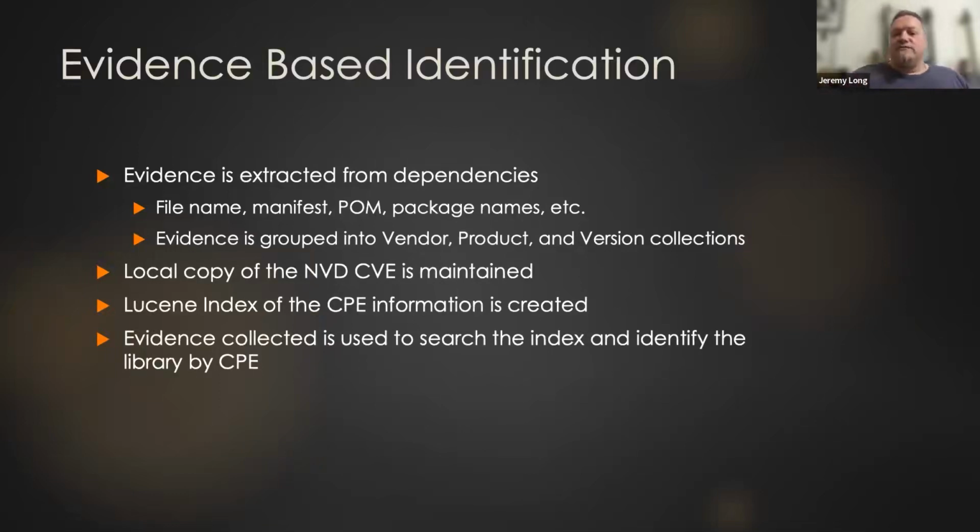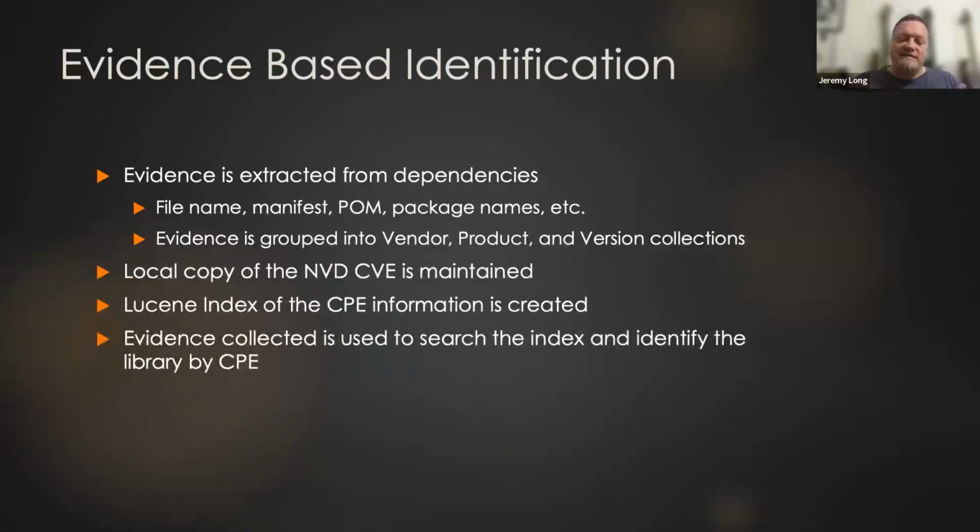And then we use Lucene, which is an amazing high performance search engine. And instead of the standard use case where you're indexing the Library of Congress and searching for 2 words, we've kind of flipped it around, and we're actually having a Lucene index of the product and vendor from the CPEs, and we're throwing a glob of search terms against that to identify it.